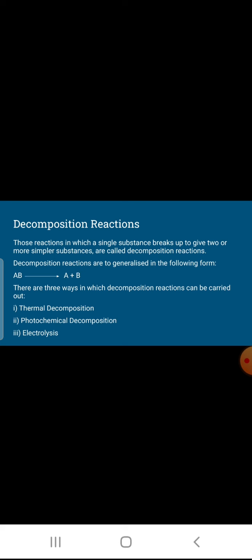These reactions can be brought by heat, light, or electricity. Few examples of decomposition reactions are given below.